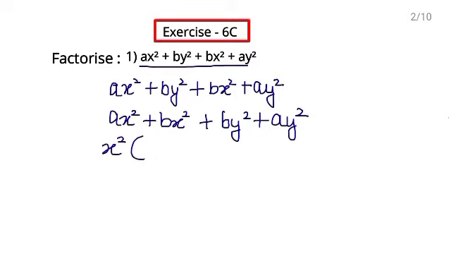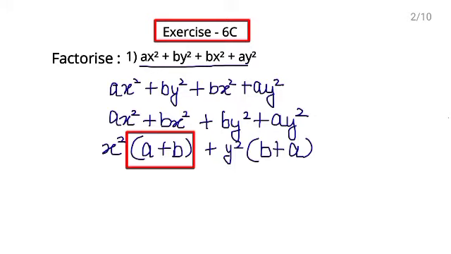In the bracket there will be a plus b, plus, from these two terms take y square common. So if we take y square common, in the bracket we will have b plus a. Now this is like type 2. We have a common binomial factor b plus a or a plus b. a plus b is also equal to b plus a.